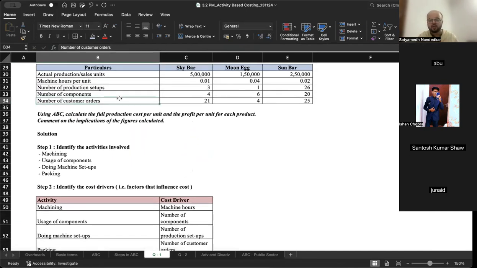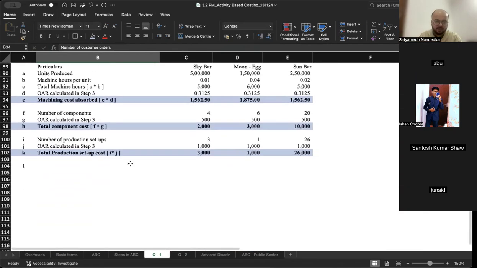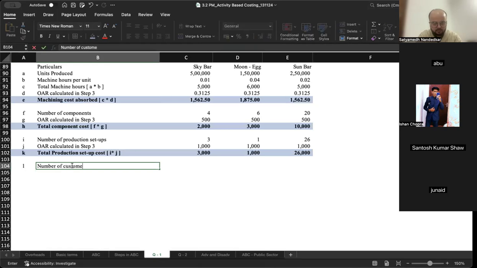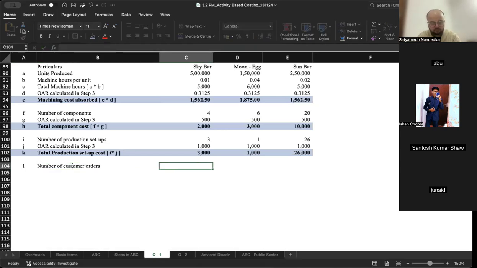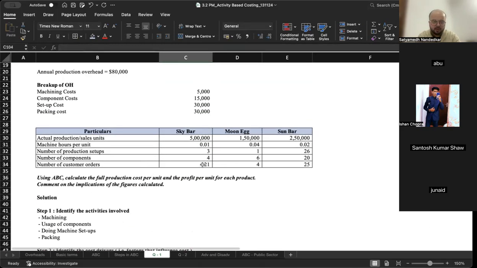Number of customer orders. ये दिया है आपको number of customer orders and you have the cost per order. So write that down. Number of customer orders 21, 4 and 25.